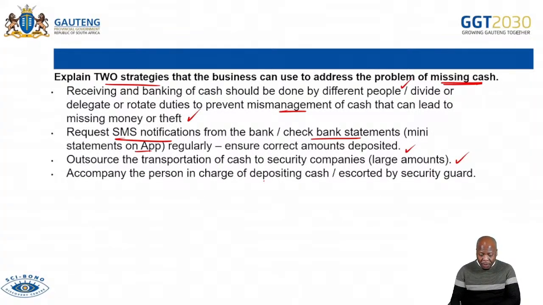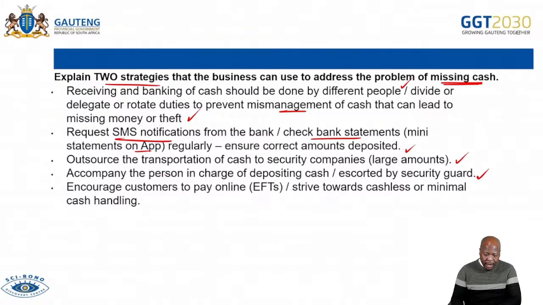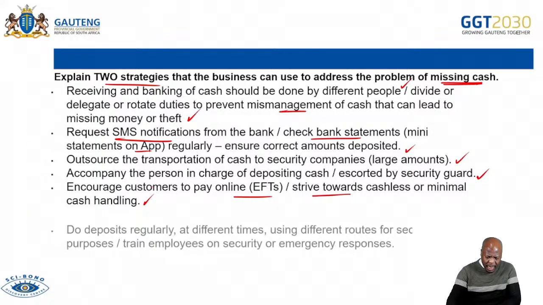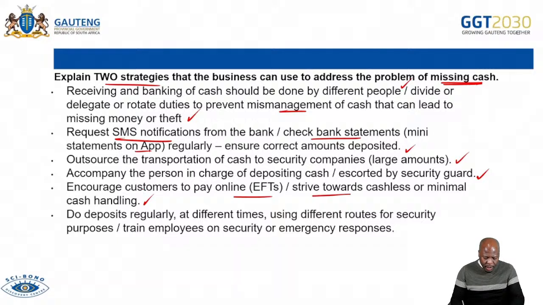Accompany the person in charge of depositing cash, escort by a security guard, especially considering that the money was stolen on the way to deposit to the bank. Encourage customers to pay online, that is via EFT, and also strive towards cashless or minimal cash handling. Okay, so that is another point that you can give. And then the next one is do deposits regularly.